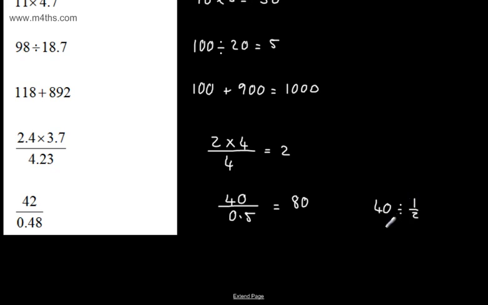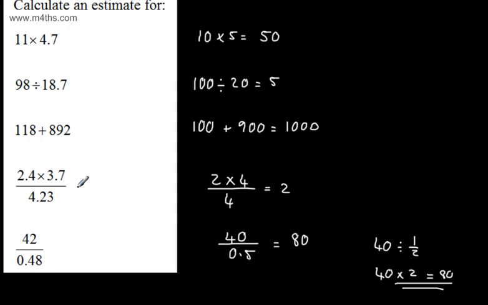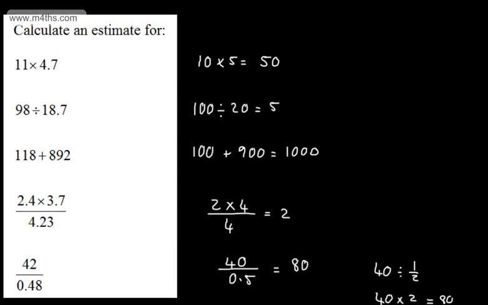If we're dividing fractions, we turn the second fraction round and multiply it. So this would be 40 multiplied by 2 over 1, which is just 2, and that gives us 80. So an approximation now to 42 divided by 0.48 is going to be 80. So when we're calculating an estimate, round to one significant figure and then carry out the calculation.